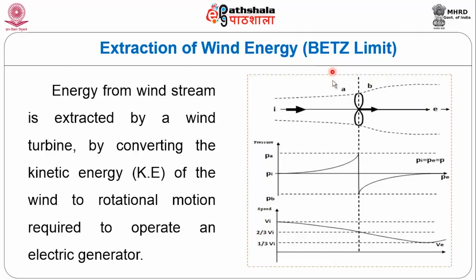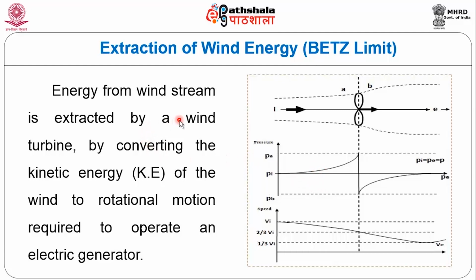So, the derivation is given here, and the pressure or velocity profile is given to understand the Betz limit. The Betz limit is about 59.3%, which could be extracted, that is the maximum limit out of a wind source.